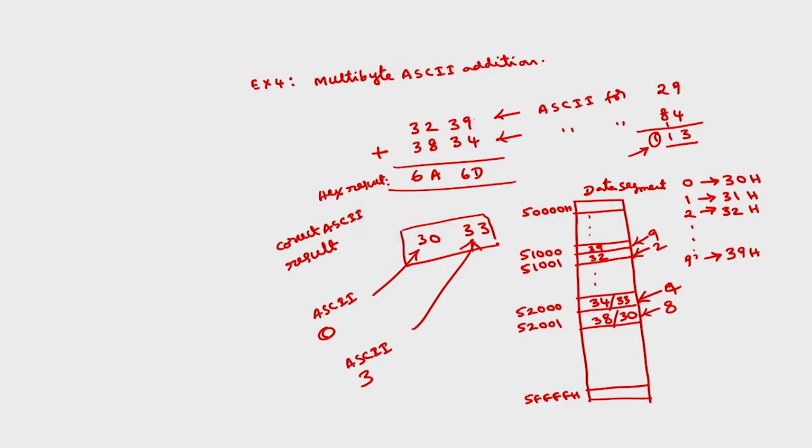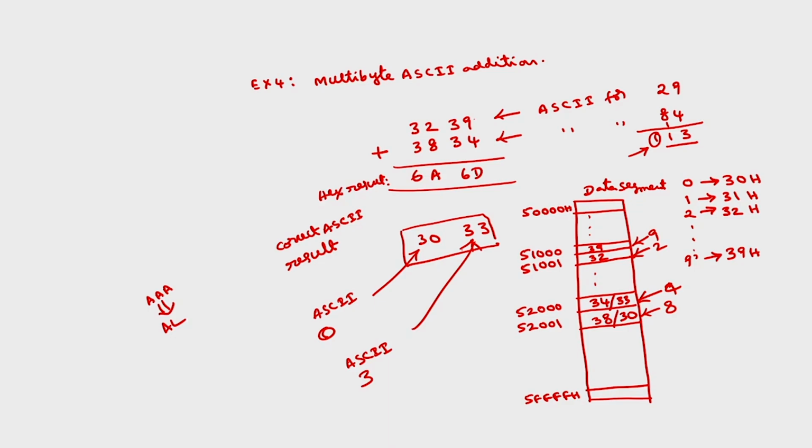You have to perform this addition first, then this addition, because the instruction I am going to use here is AAA, ASCII adjust after addition. This will operate only on AL, so I have to use 2 byte additions and perform this in 2 iterations.